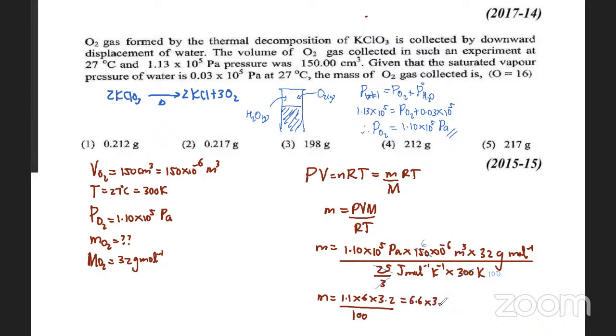6.6 into 3.2 over 100. When you multiply 6.6 by 3.2, what is the answer you're going to get, people? 32 into 66, sorry.